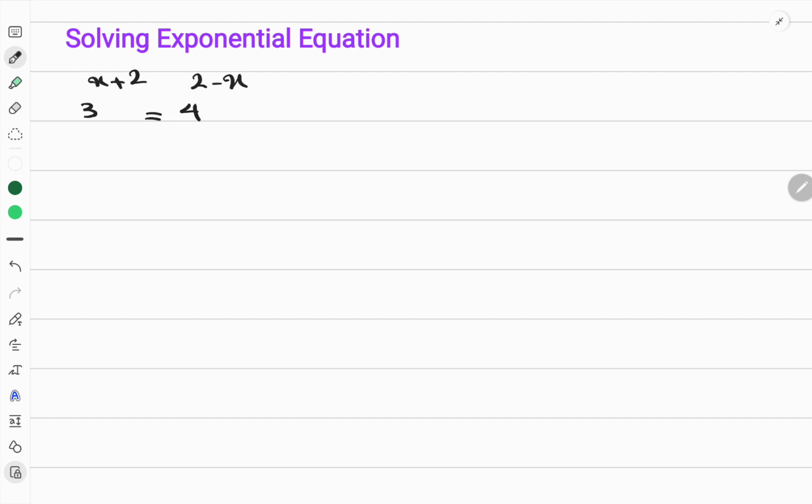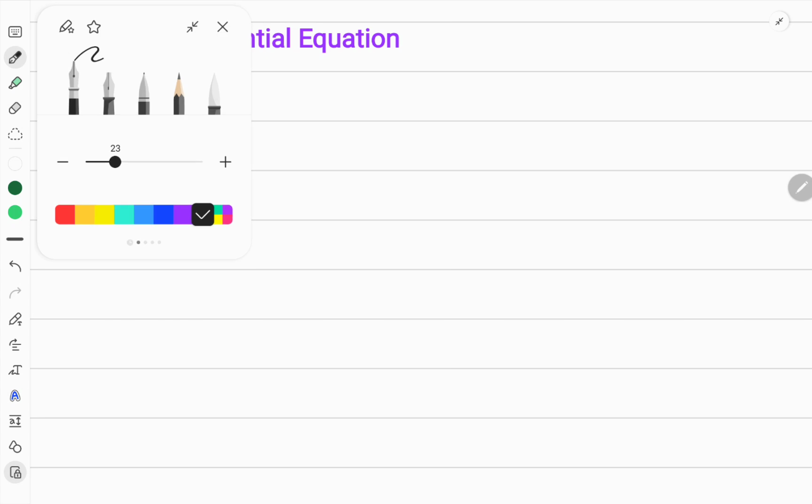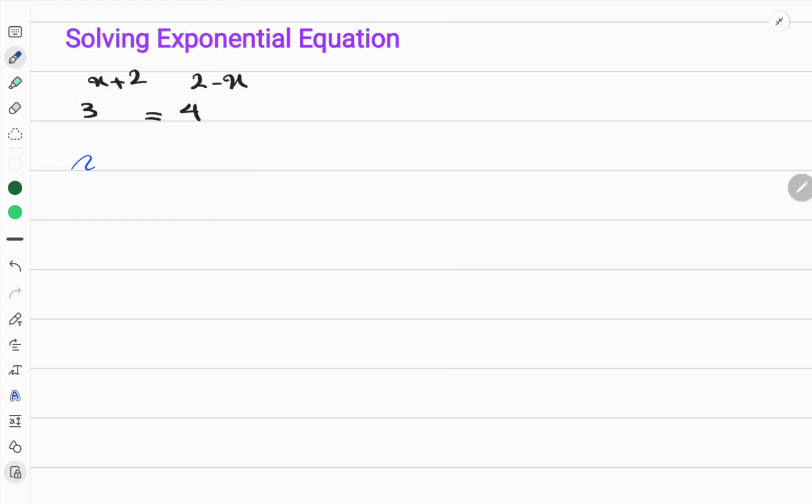And the last question: 3 to the power of x plus 2 equals 4 to the power of 2 minus x. This is an exponential equation with different bases, so we should use logarithms to find the value of x. As I said before, we can take log of both sides: log of 3 to the power of x plus 2, and log of 4 to the power of 2 minus x.